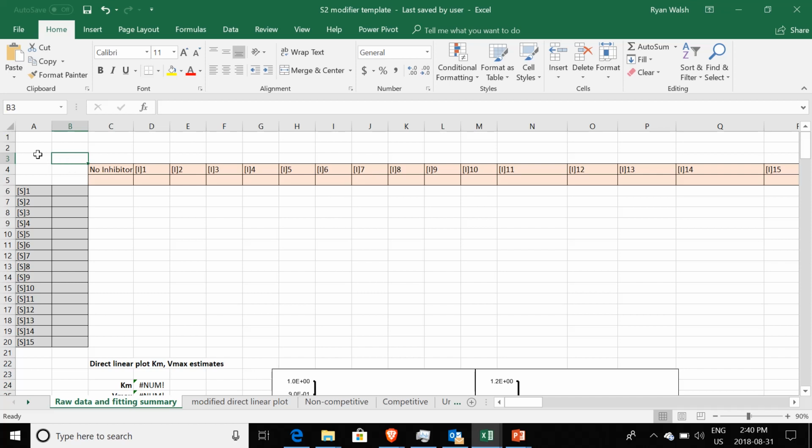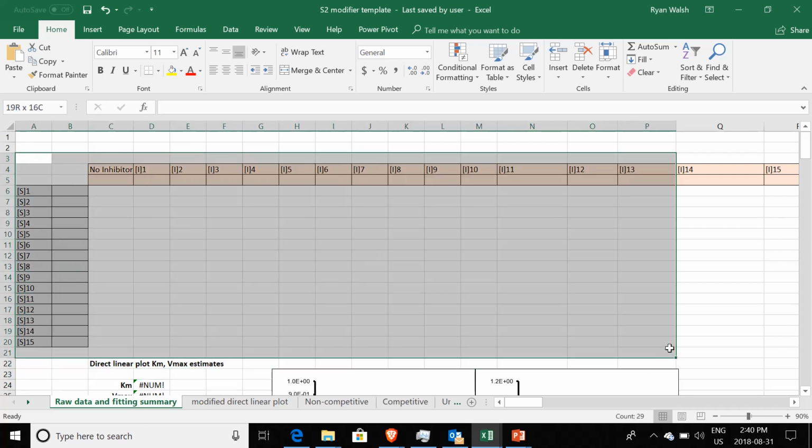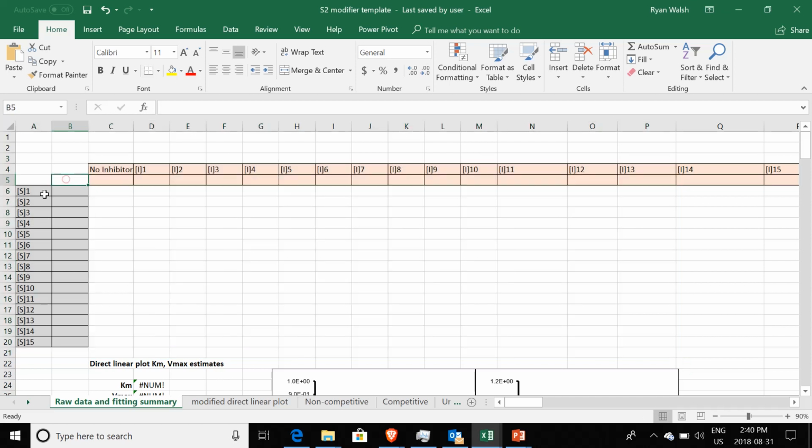So the first part of this spreadsheet is basically for you to drop in your substrate concentrations. You can have up to 15 substrate concentrations if you like. And you can have up to 15 inhibitor concentrations, so you can repeat at up to 15 different inhibitor concentrations, and this should be a lot more than anybody really needs.